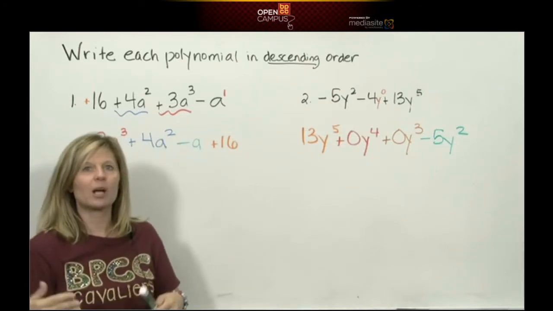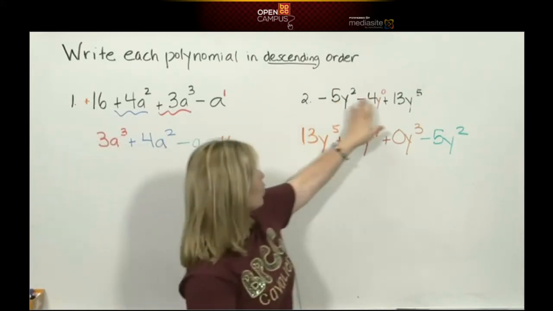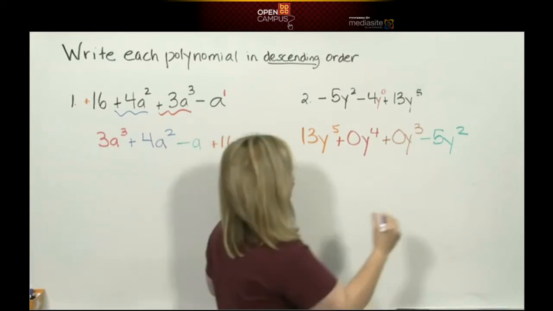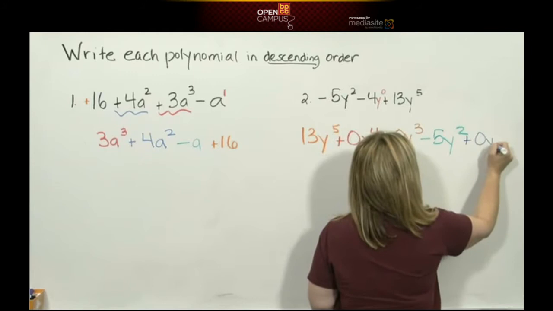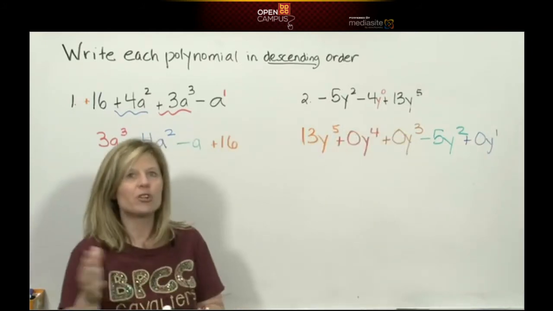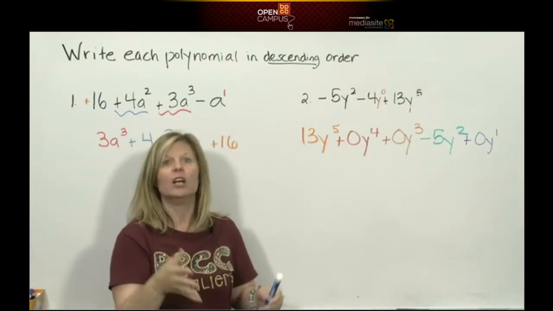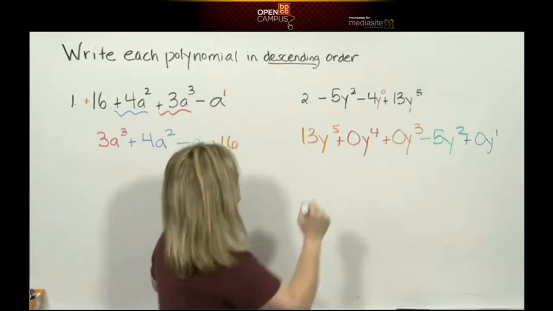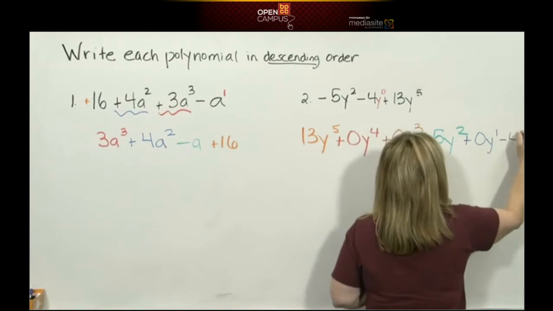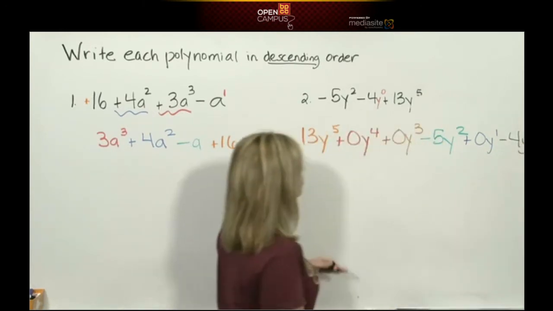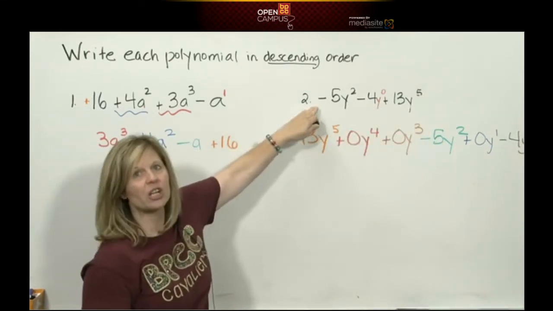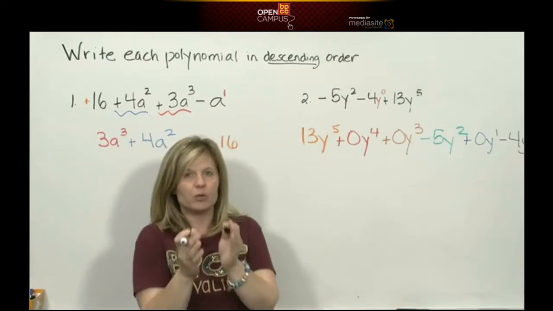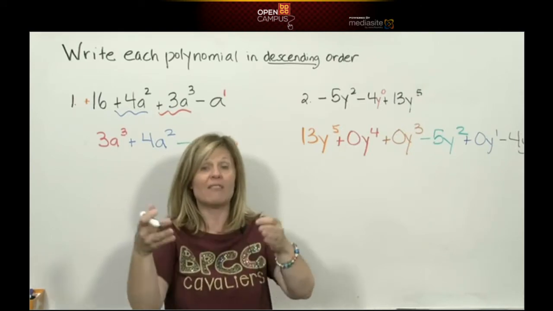After y squared would come y to the first. Do we have any y to the first? No, we do not. So that means we have 0 y to the first. And after the y to the first would come the constant, because a constant has no y's at all. And our constant here is negative 4. So just to show you, to write that expression in the correct descending order, just like in arithmetic, if we do not have a term, it's understood to have a 0.